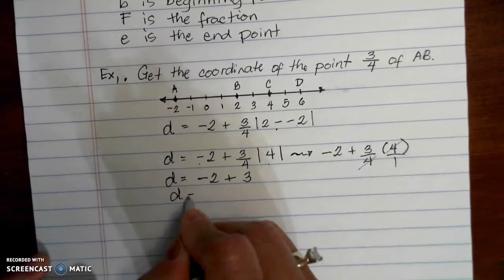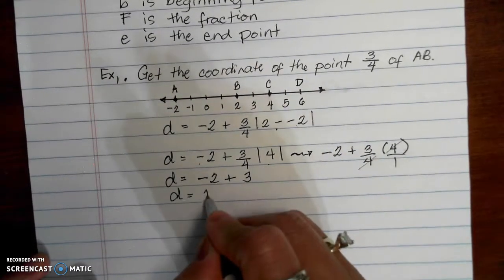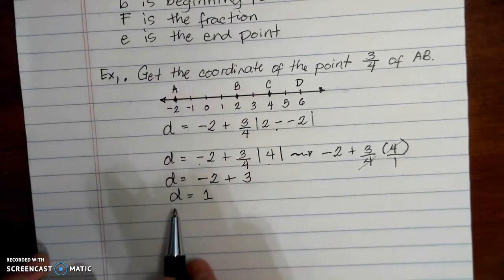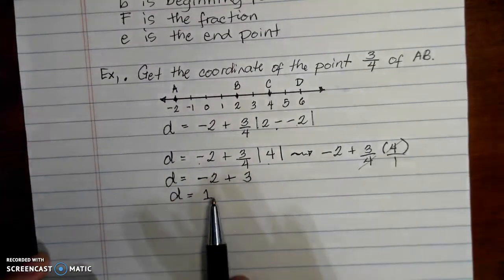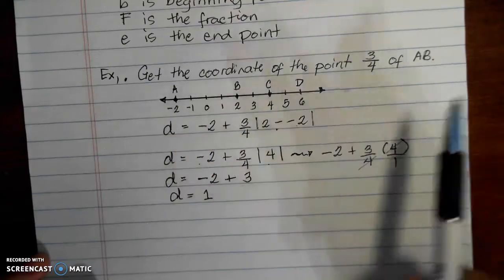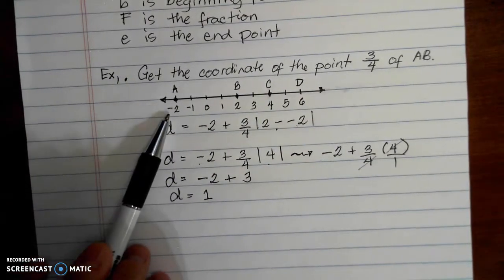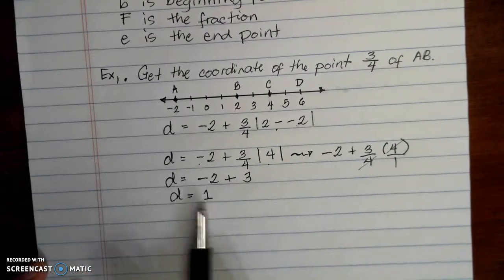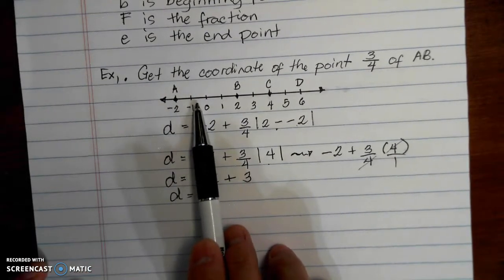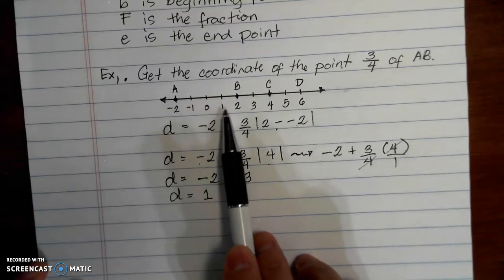The distance is 1. Well, actually, the coordinate of the point that is 3/4 from your beginning point of -2 is a 1. So that'd be 1, 2, 3. That's the 1.